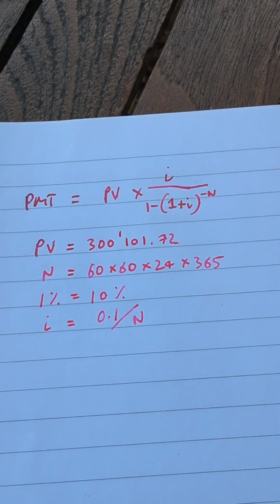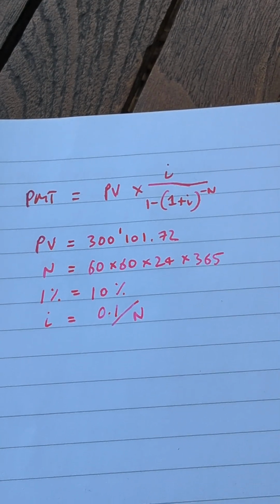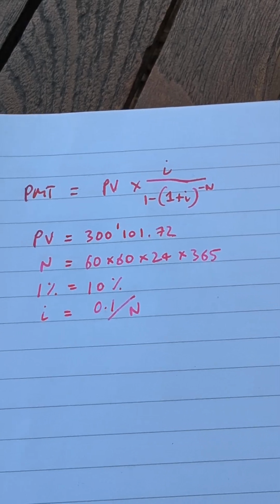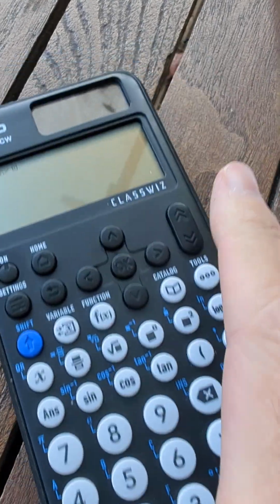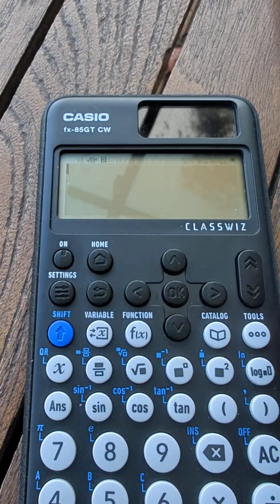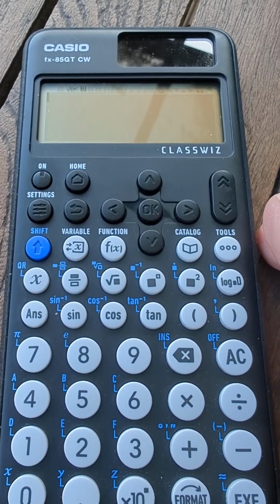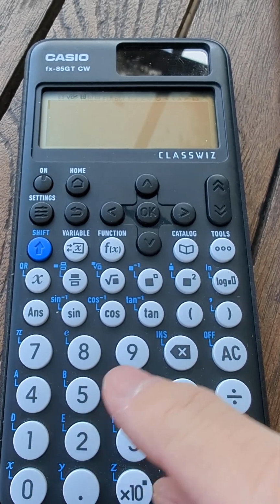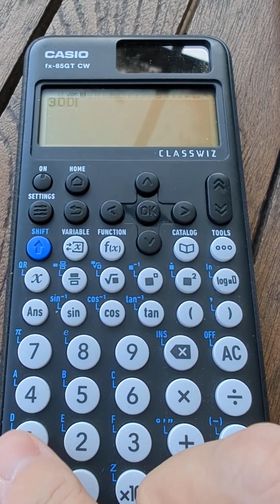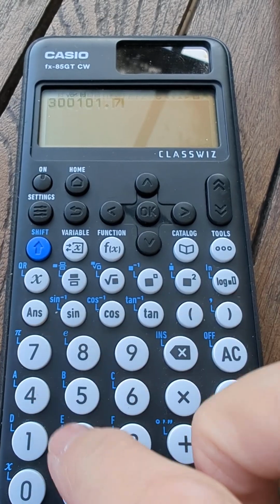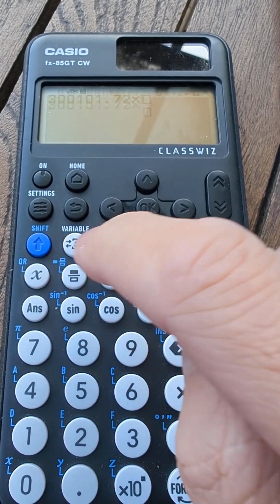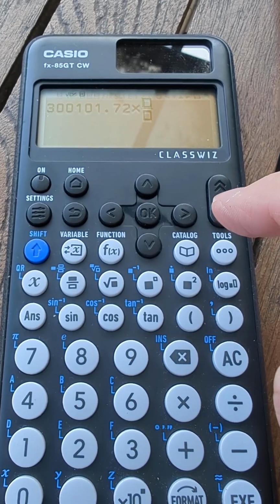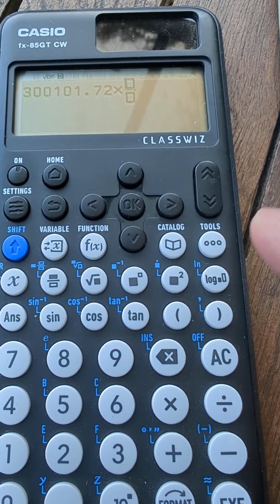Okay, so I was trying to solve this actually on quite a few algebraics, just using the formula. So let's have a look here. Classic graph print style one. Right, so let's start with 300,101.72. I'm going to times it, and then I'm going to use the fraction button. And in the top, let's get the interest rate in there.